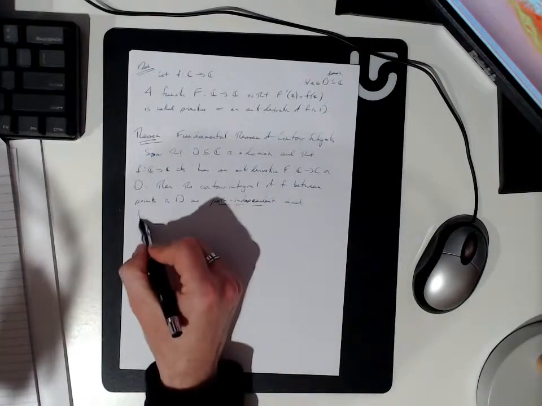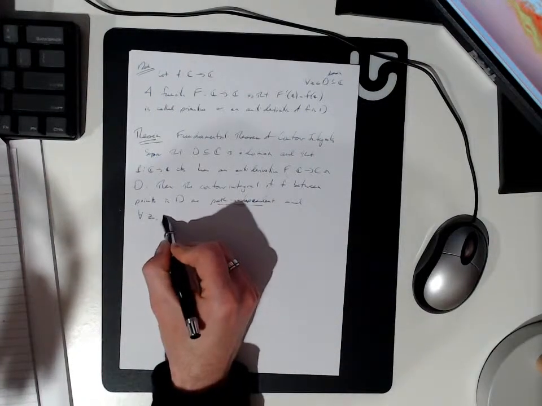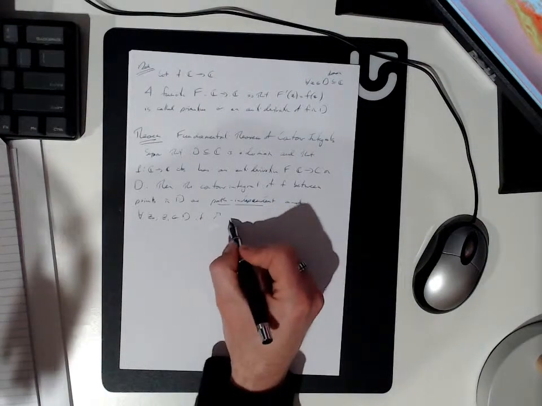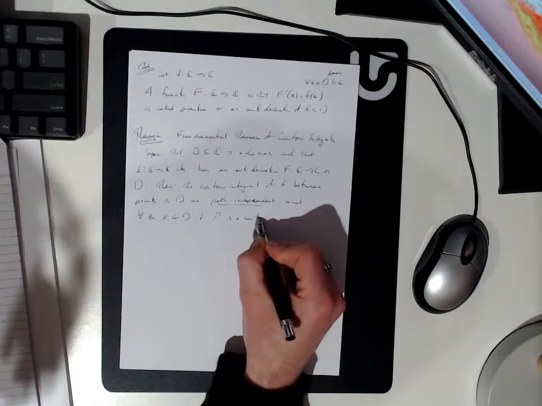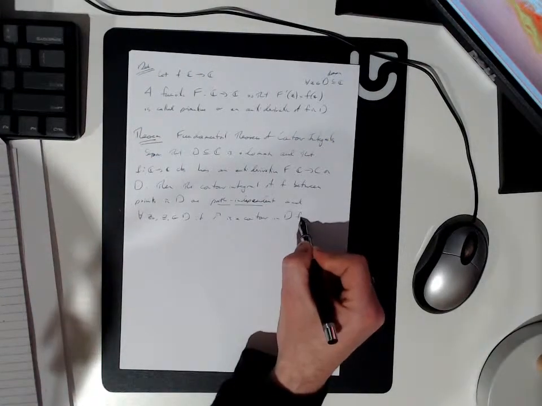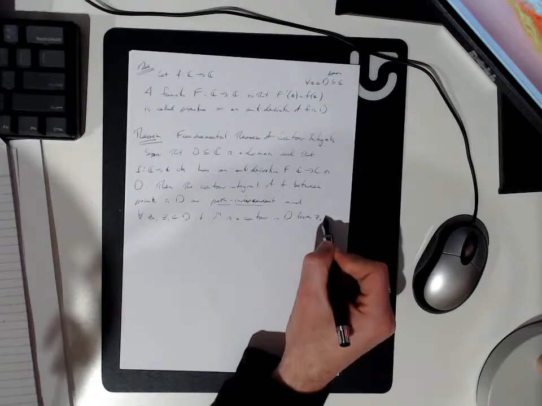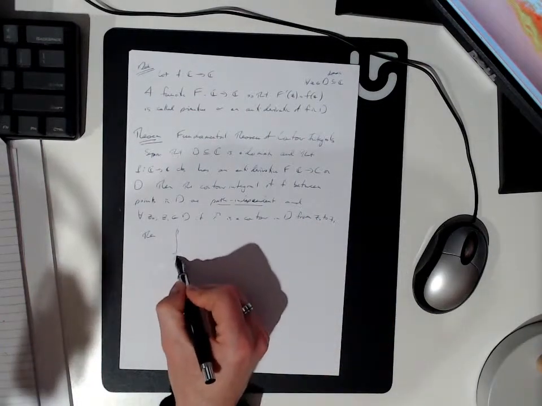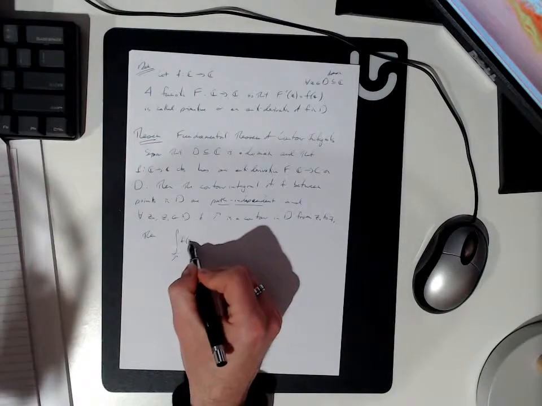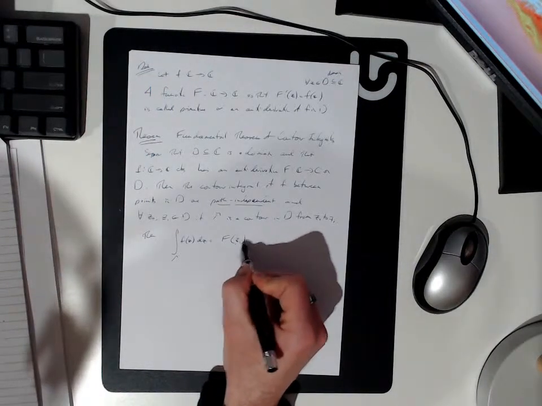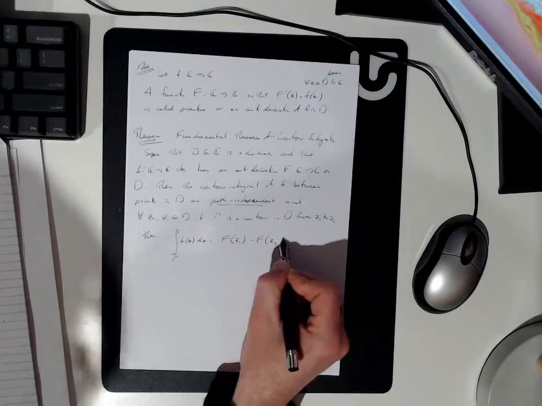And for all z0 and z1 inside D, if gamma is a contour in D from z0 to z1, then the integral over gamma of f(z) dz is equal to F(z1) minus F(z0).